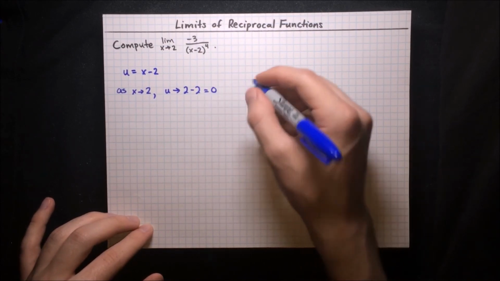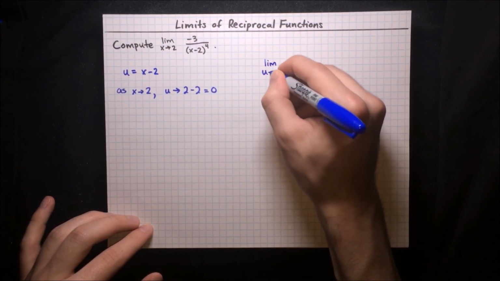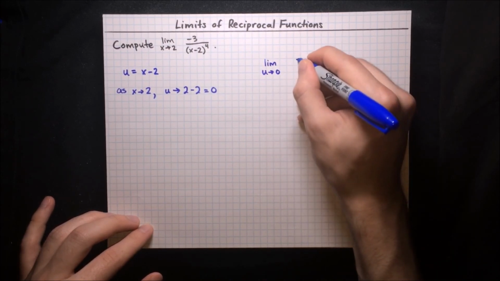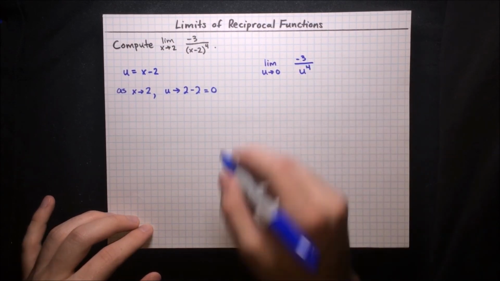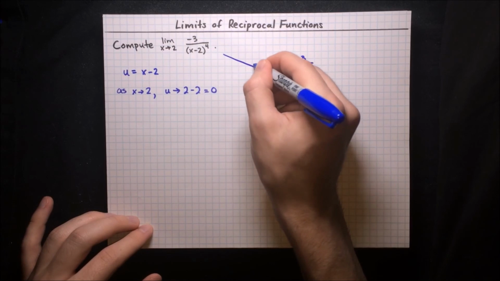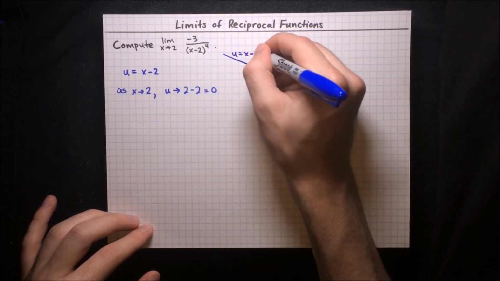So we can phrase the limit in terms of u as follows. This becomes the limit as u approaches 0 of negative 3 over u to the 4th power. So there's the result of our substitution, u equals x minus 2.